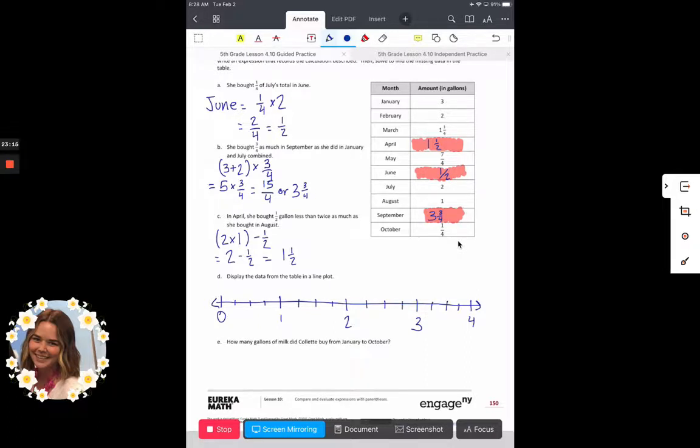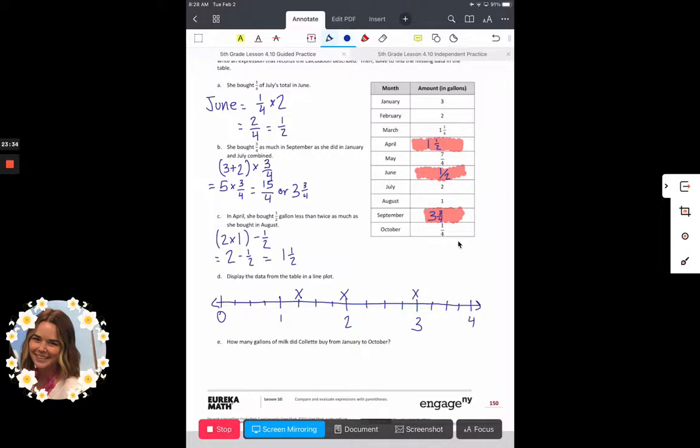And then we're just going to go down the list, and we're going to put an X over wherever that amount falls. So we'll start with January. We have 3 gallons. February, we have 2 gallons. March, we have 1 1/4 gallons.